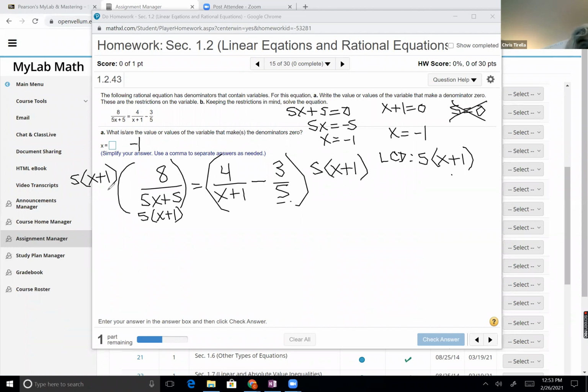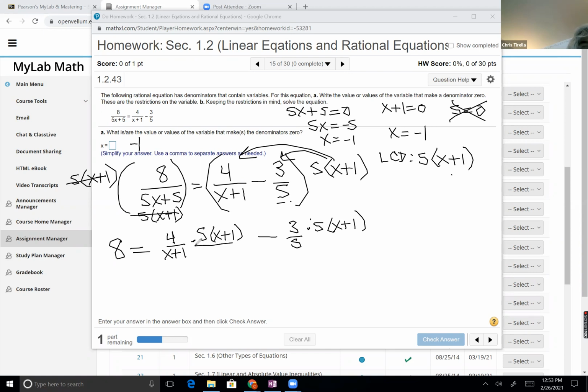Over on the left, the denominator will cancel, and I'm just left with 8. On the right, I need to distribute. So that gives me 4 over x plus 1 times 5 times x plus 1 minus 3 over 5 times 5 times x plus 1.